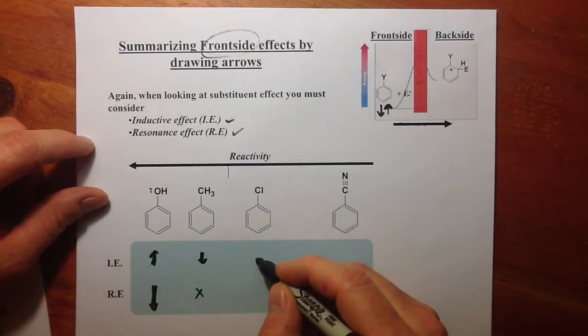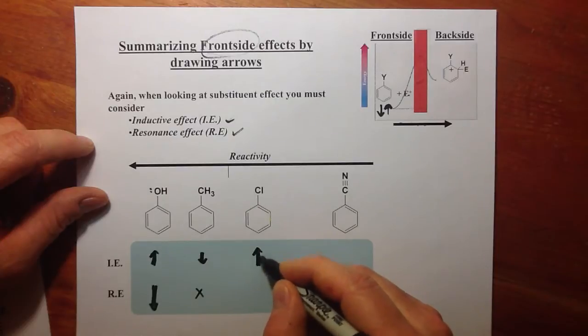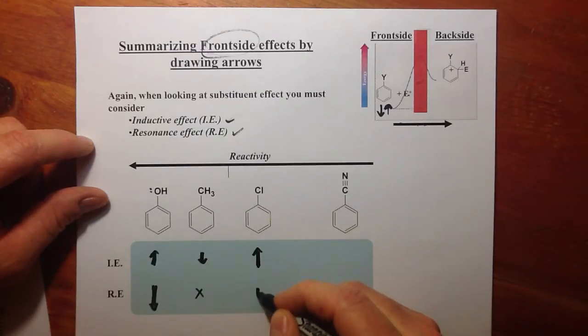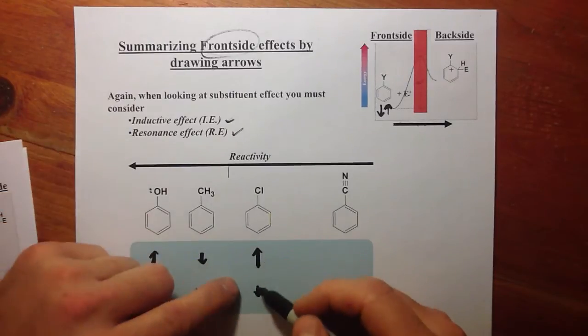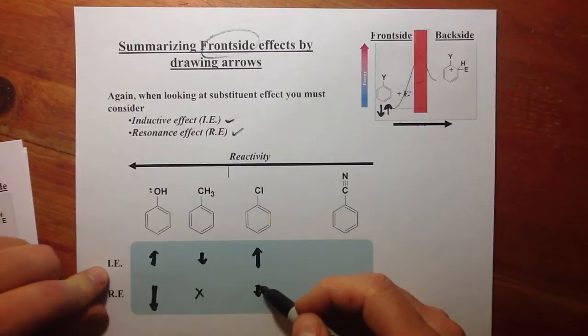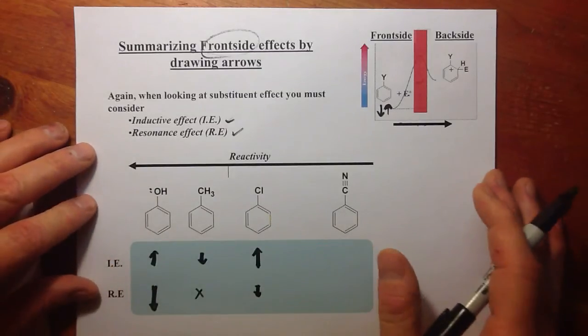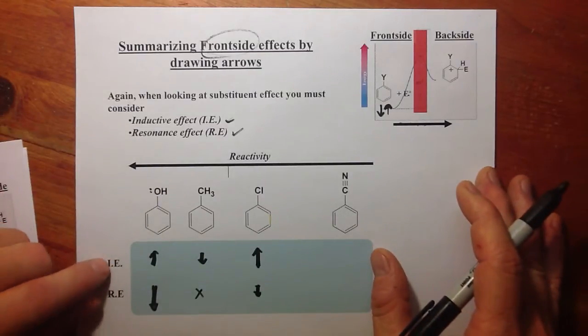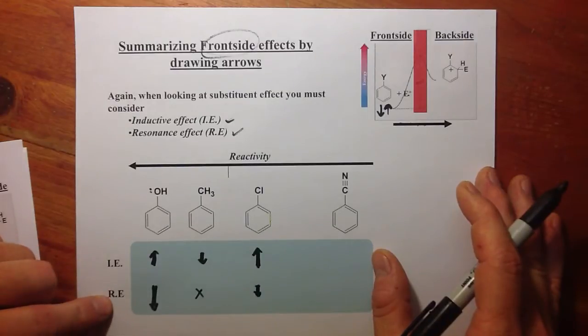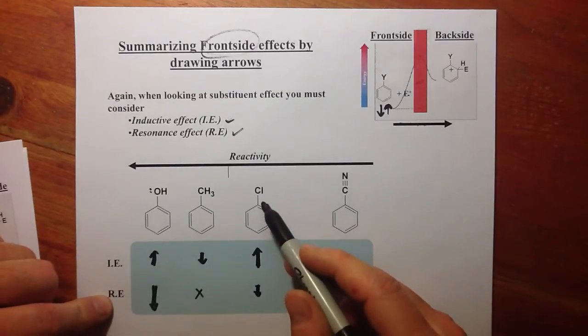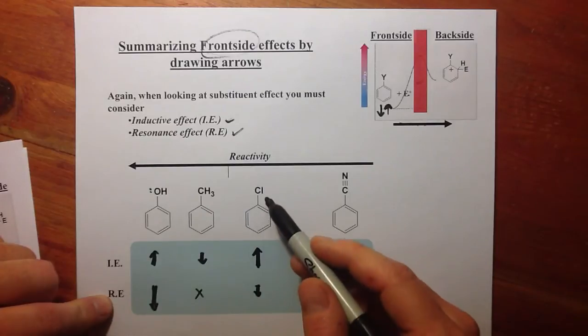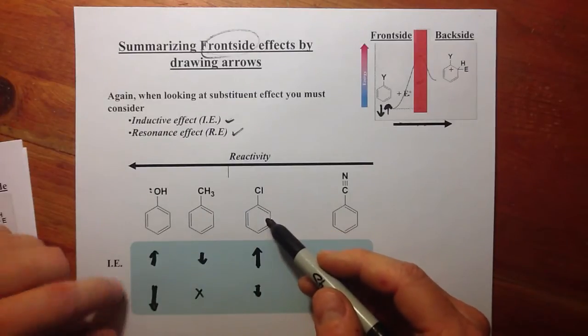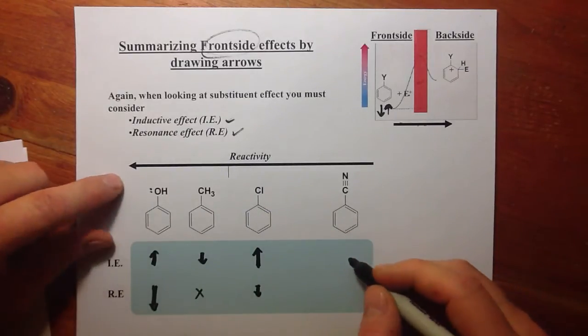Chlorine, we take out by inductive effect, and we give very little by resonance effect. So it turns out that it's an ortho-para directing deactivator because IE trumps RE. Very often this is not the case, it's usually the other way around, but in this case, this is a stronger taker by inductive effect than it is a giver by resonance effect, like we saw for hydroxyl groups.